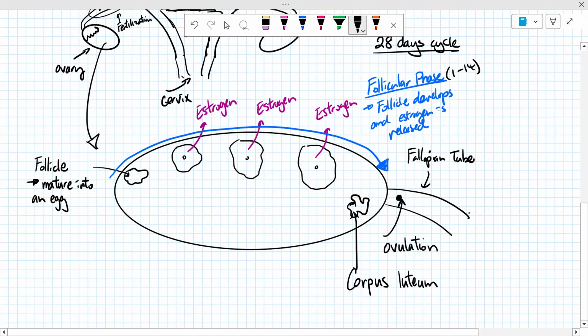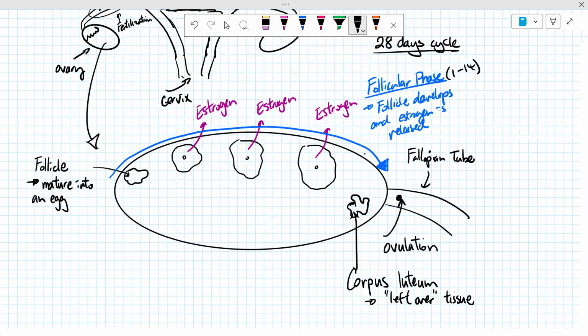Corpus luteum. These are leftover tissue from the follicle after ovulation, after the egg has been released.